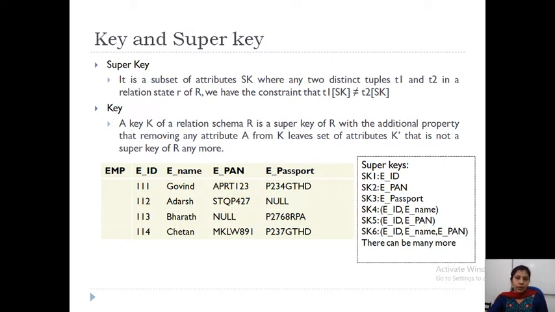That means using employee ID I can identify the unique tuples in the relation. So that means this is not a minimal set. This is not a minimal super key. Even if I remove this, I can still identify the unique tuples. So in this case SK4 is not a minimal super key, so I will not consider it a key.